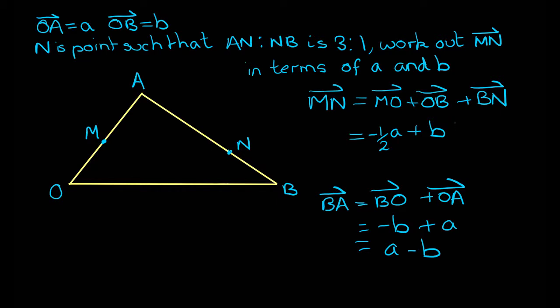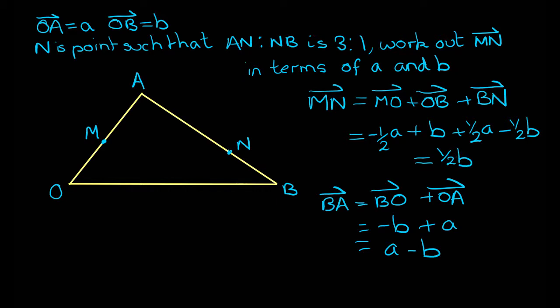So if I add this in up here, we're going to have plus 1/2 A minus 1/2 B. And if we tidy all of that up, you can see we've got minus 1/2 A and plus 1/2 A, so they cancel each other out. And then we've got B minus 1/2 B, so that leaves us with 1/2 B.